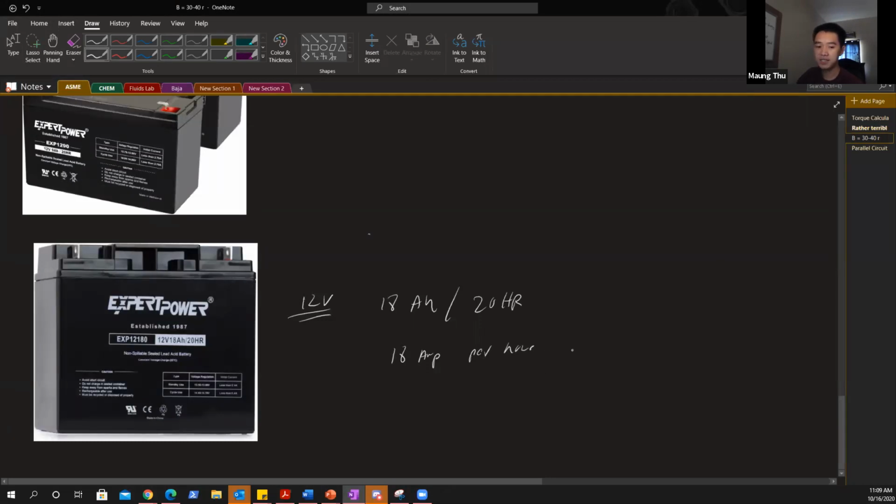Okay, I did not tell you this before, but there is a variation to this. Let's just say your application requires 36 amps, right? You're like, oh, this only allows 18 amps per hour, so it's not enough. I need a higher amp rating.